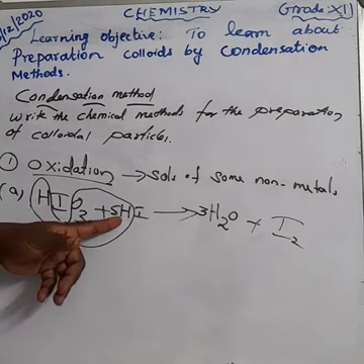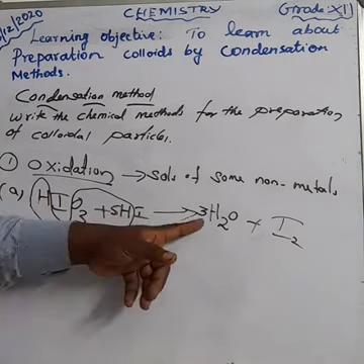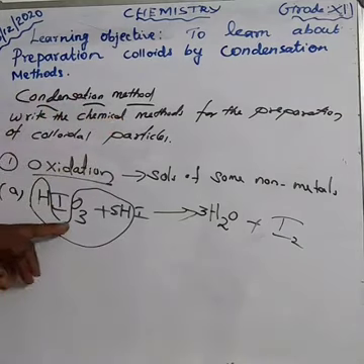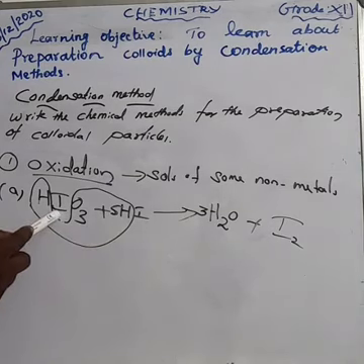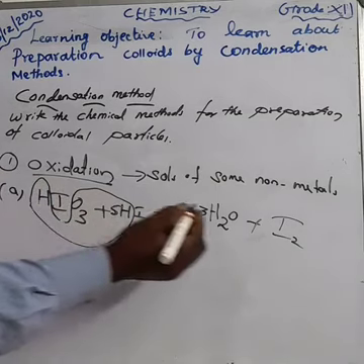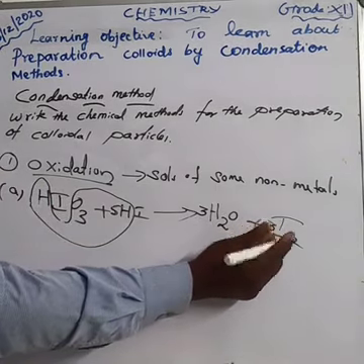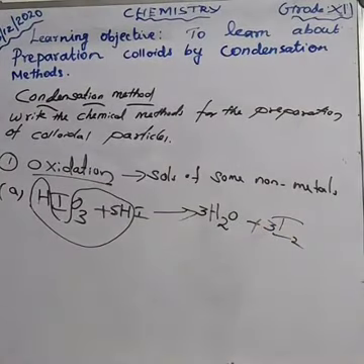So now we have to balance hydrogen. That means 5 plus 1, 6. Six hydrogen is balanced. Oxygen is also balanced. Then the remaining iodine. Here having 5 iodine, here 1 iodine. So 5 plus 1, 6. So make it 3 here, 3 2s are 6. So please all of you correct your textbook also.